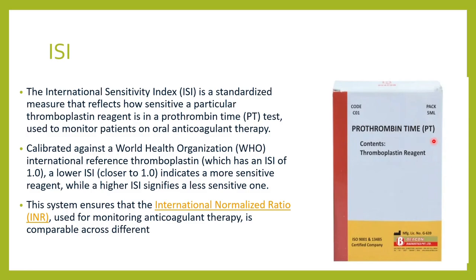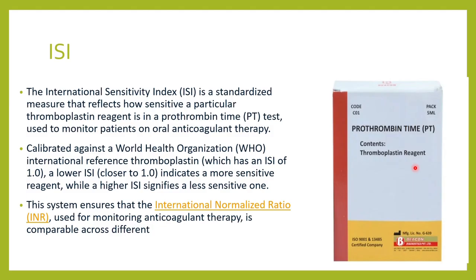So now what is this ISI or International Sensitivity Index? You all know when you do a PT test you need this thromboplastin reagent. So this ISI measures and reflects how sensitive a particular thromboplastin reagent is in a prothrombin test.